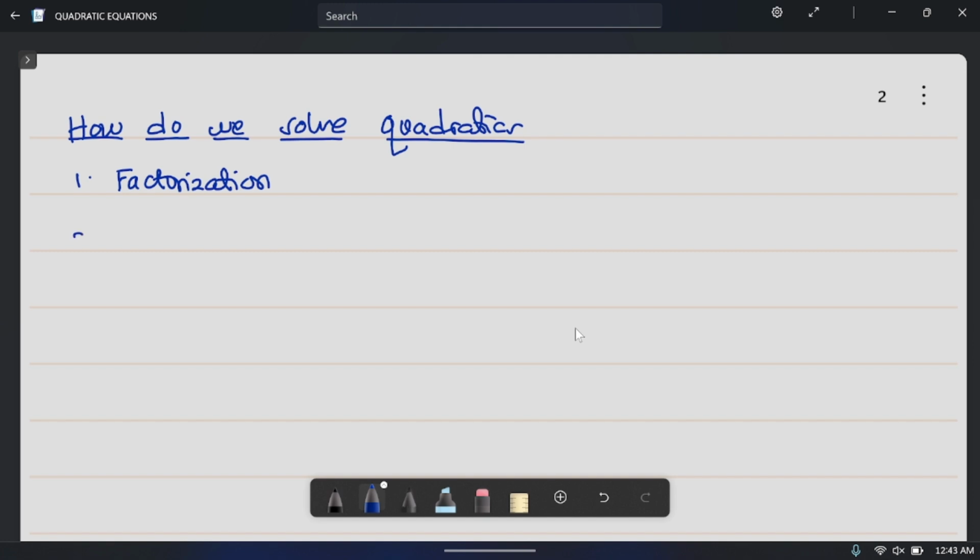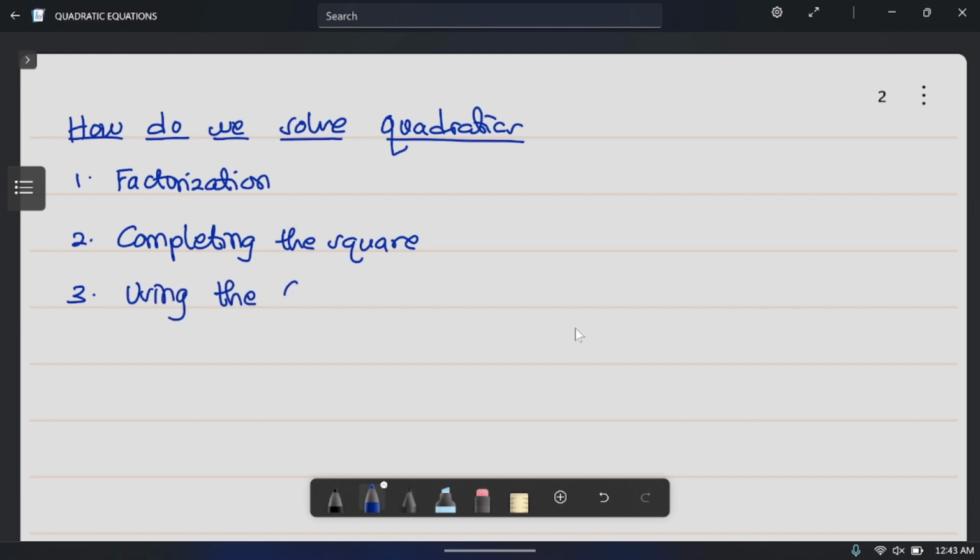We have completing the square. We have using the quadratic formula. And finally, we have graphing, which I had alluded to a bit earlier while talking about the parabolic graph.